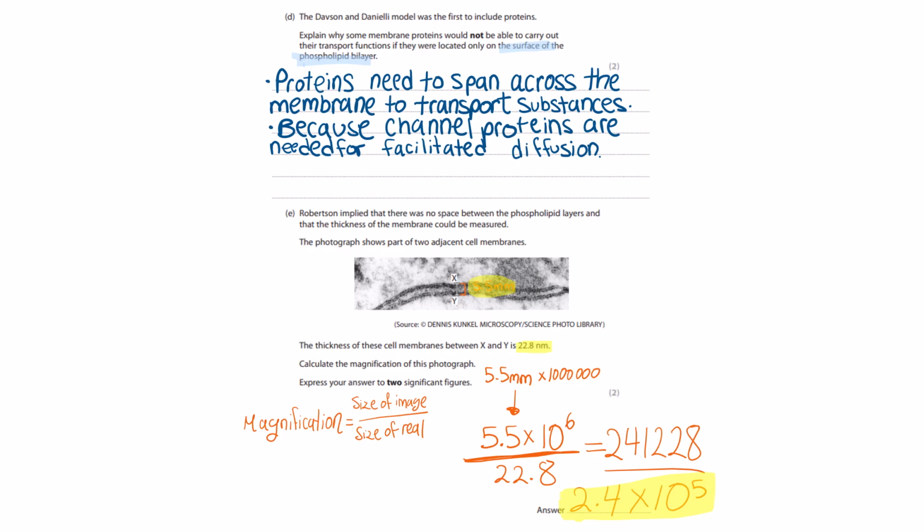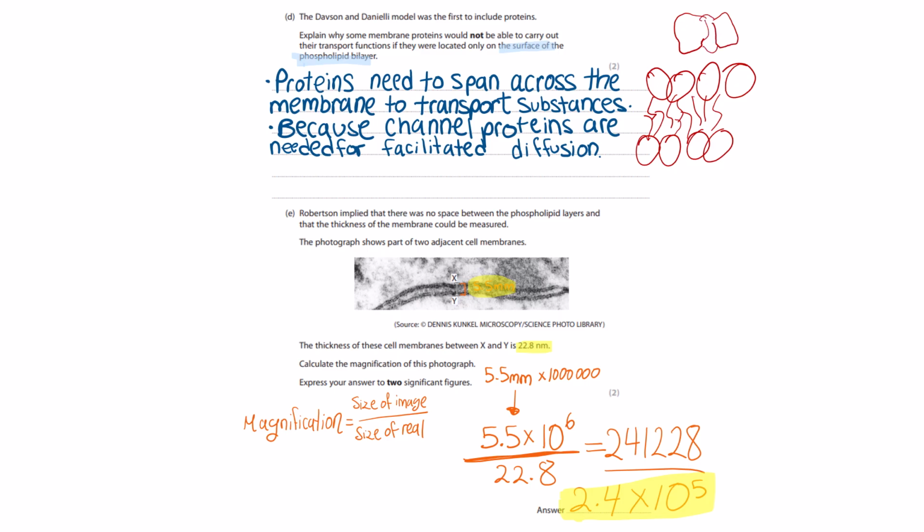Okay, so proteins, they need to span across the membrane to transport substances because channel proteins are needed for facilitated diffusion. So if we have our phospholipid bilayer, and we have our proteins. If our proteins are facing outwards, here is my protein.